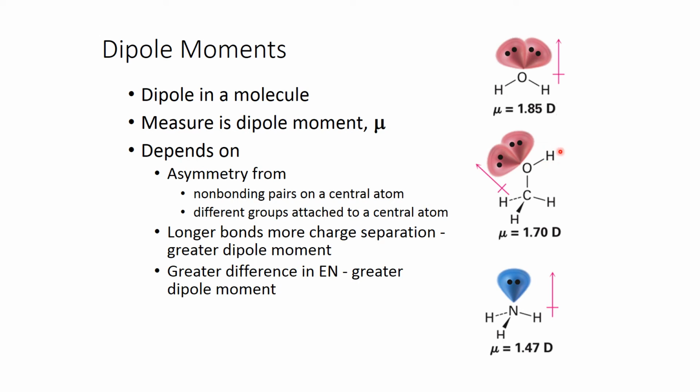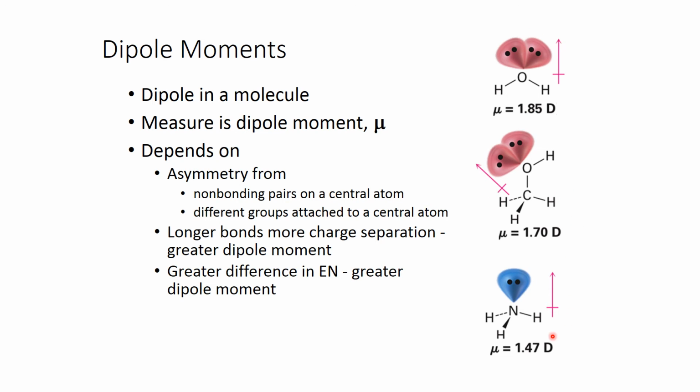There's a del positive here, del negative, and del positive here. That actually makes the dipole point positive over here, negative over here, and the measurement is only slightly less than for water. So this is methanol, and it's a very polar compound.